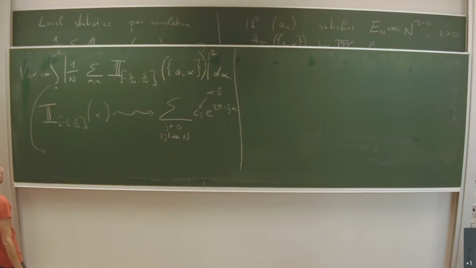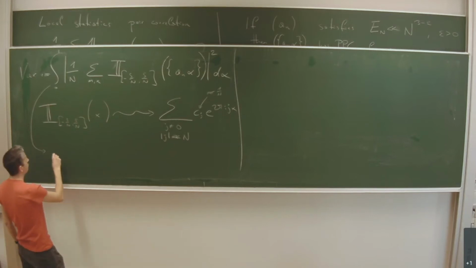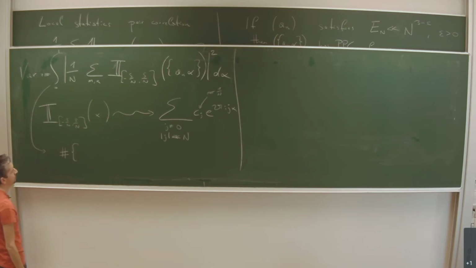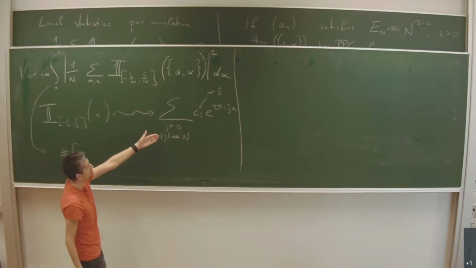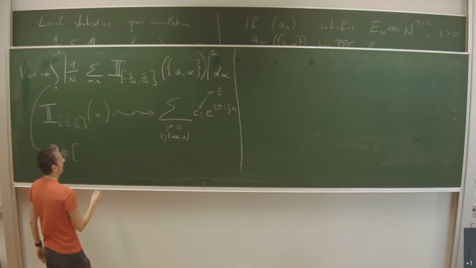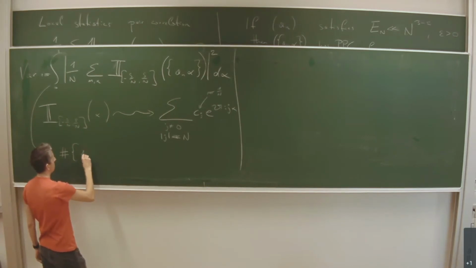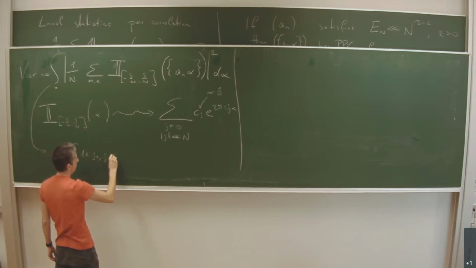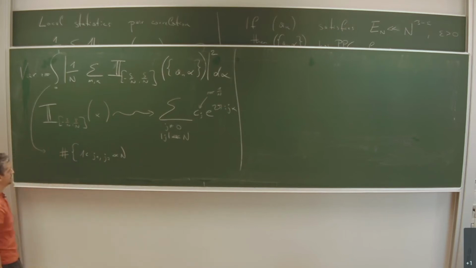We use orthogonality of the trigonometric system, and then it turns out this translates into a counting problem. So these j's go up to n. We have a square, so we will see 2 of these. Essentially up to n.